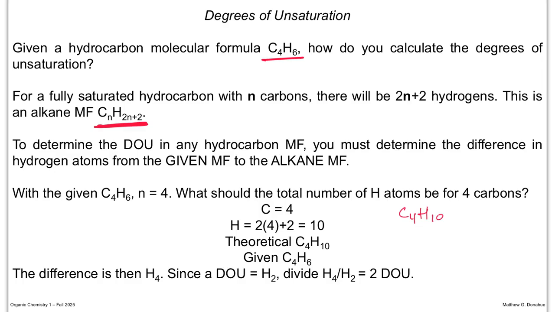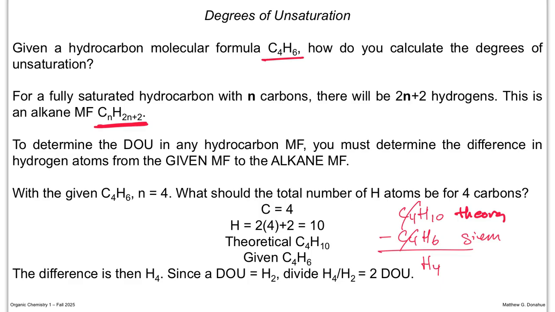The formula we're given is C4H6. So we're going to do some organic chemistry math. So we subtract that. The carbons have to cancel out. H10 minus H6 gets us to H4.